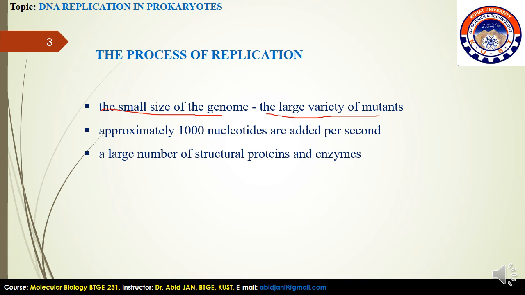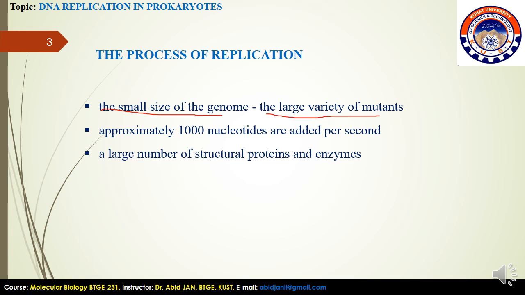E. coli has 4.6 million base pairs in a single circular chromosome, and all of it gets replicated in approximately 42 minutes, starting from a single site along the chromosome and proceeding around the circle in both directions, bidirectional replication.